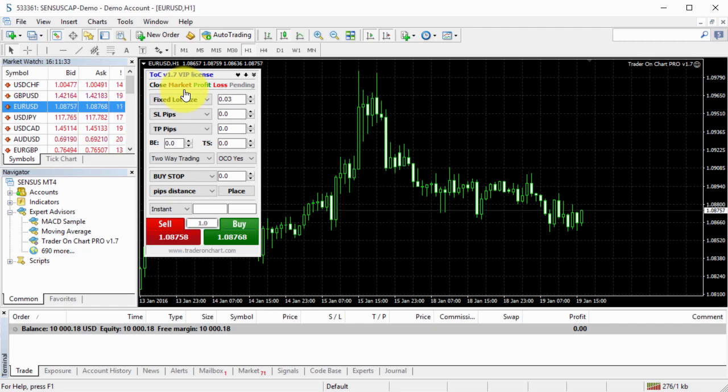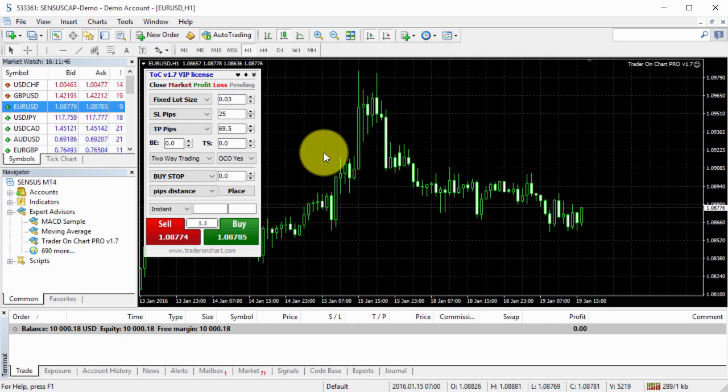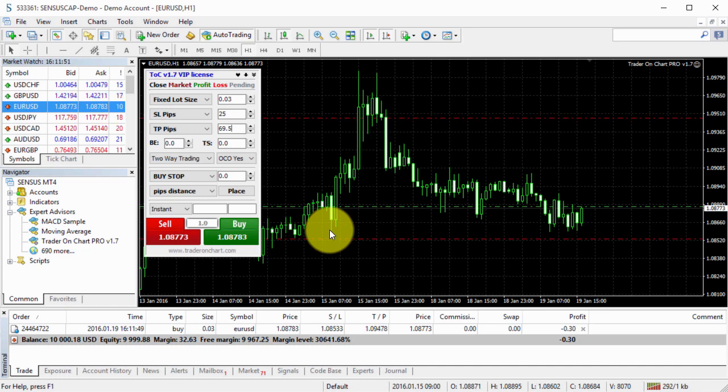So let's try again. This time let's add a stop loss of, let's say, 25 pips and a take profit of, let's say, 69.5. I will click buy trade, and immediately it will open the buy trade and place the stop loss and the take profit that I have set right here.